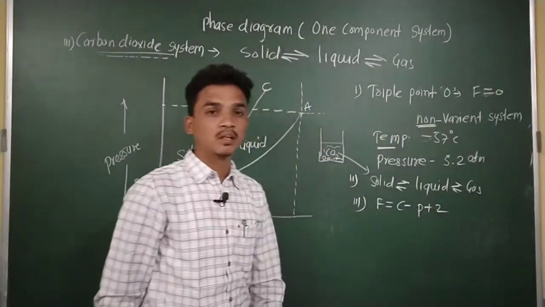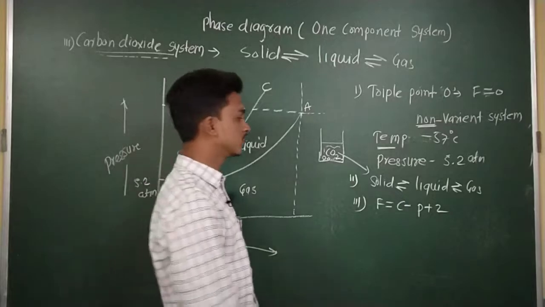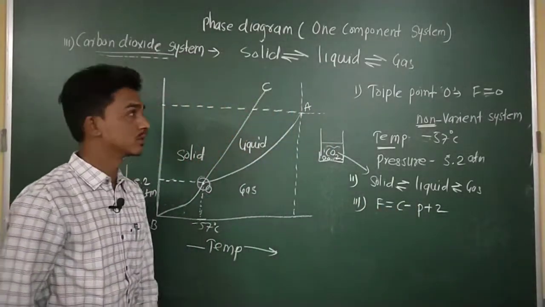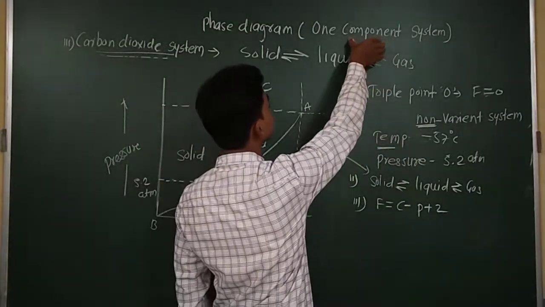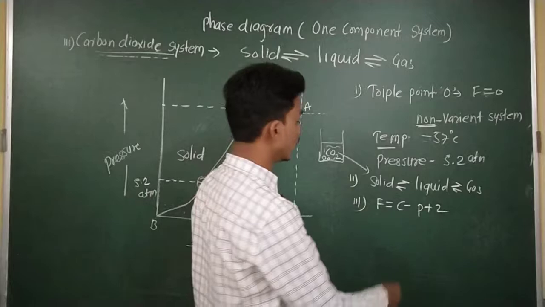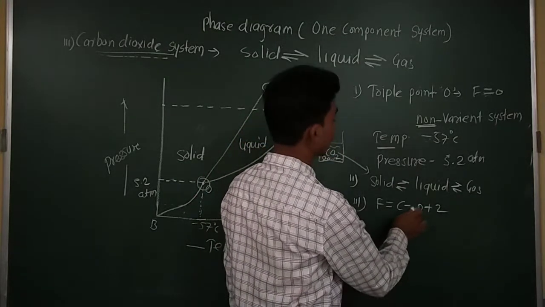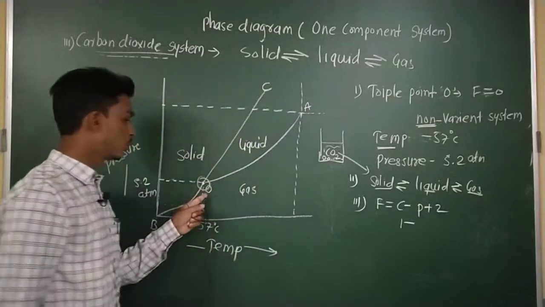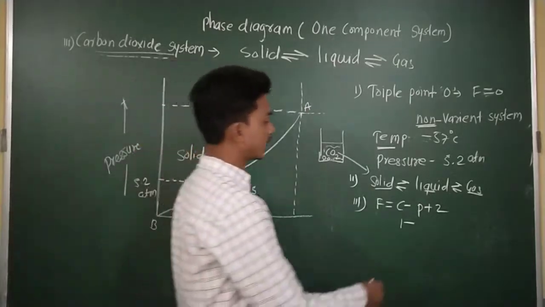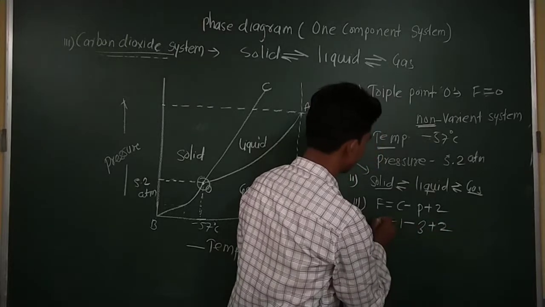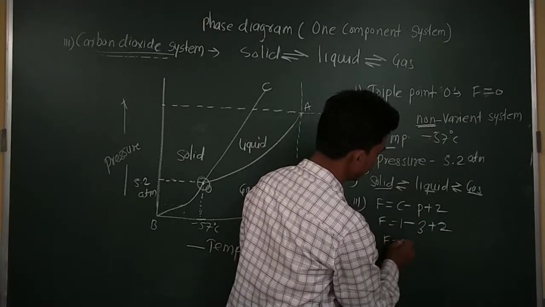This is the phase rule equation. C is the number of components, and we have already indicated that the carbon dioxide system is a one component system, so this is 1. How many phases are at the point O? 3 phases. That's why I am writing 1 minus 3 plus 2, and F is equal to 0.